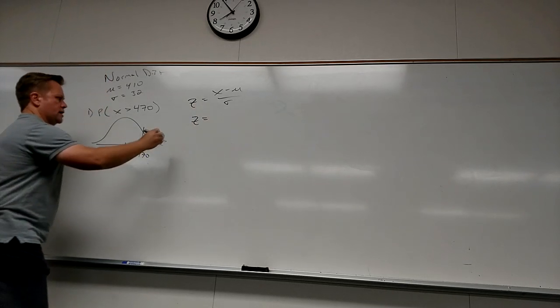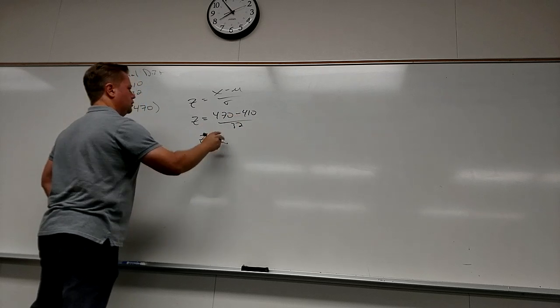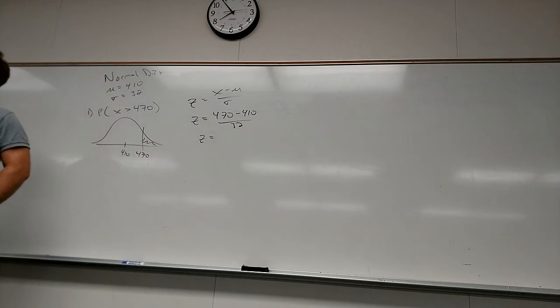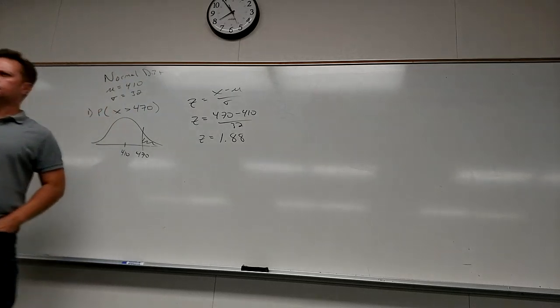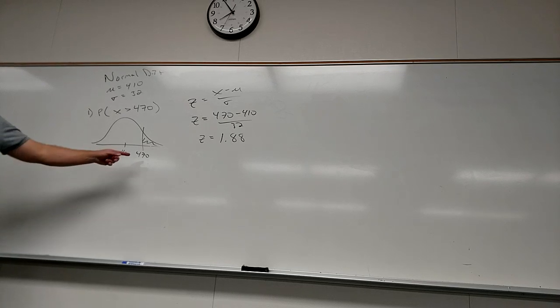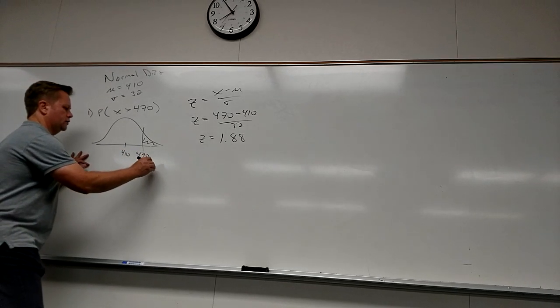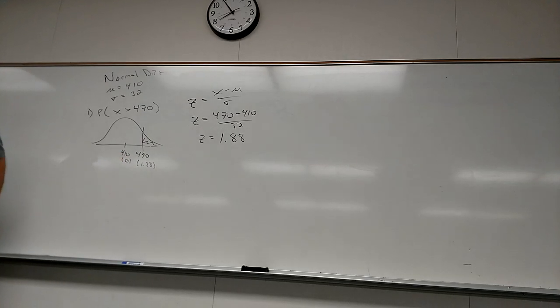So if I change my data point into a z-score, it's 1.88. Is that what you guys get? 1.88. Okay, cool. And then to find, so this is 1.88. What's this in z-scores? 0. That's the mean, it's 0 away from itself.